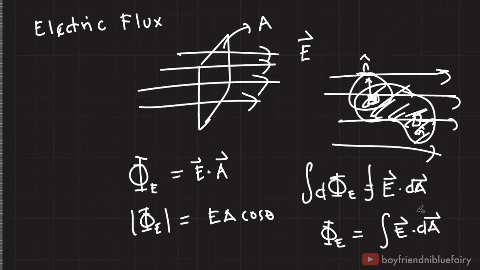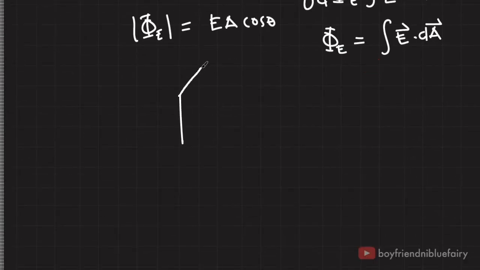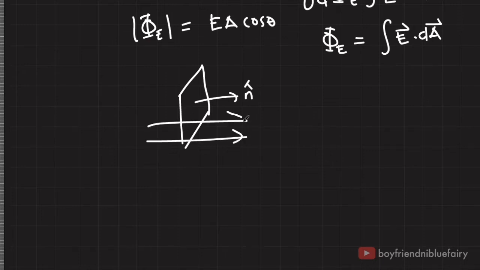Now the dot product here is crucial because the orientation of the surface has something to do with the magnitude of the electric flux. So I have a surface, and obviously its area vector points this way, and an electric field pointing to the right passes through the surface.